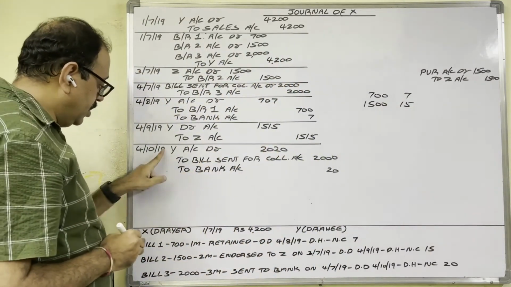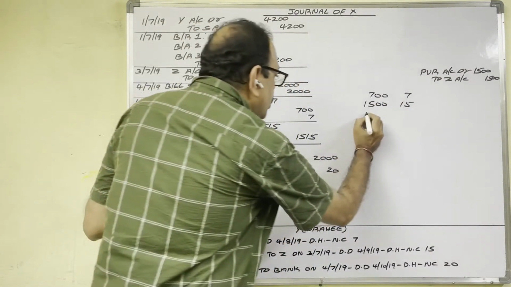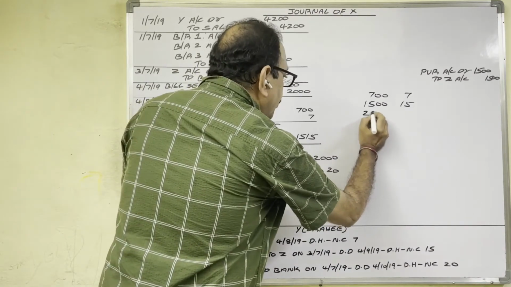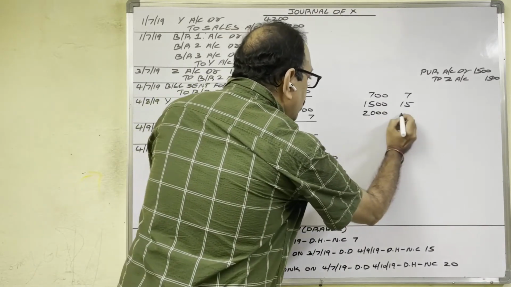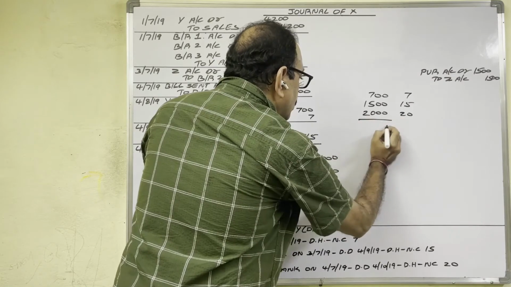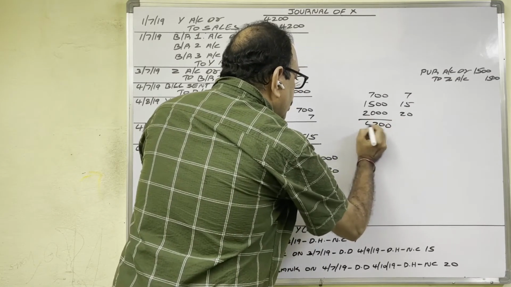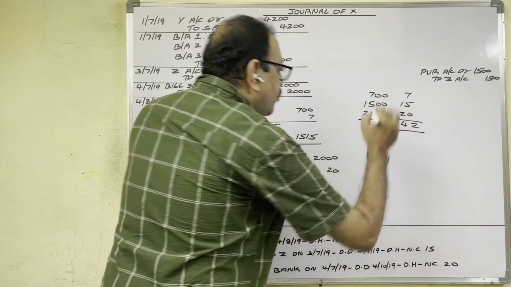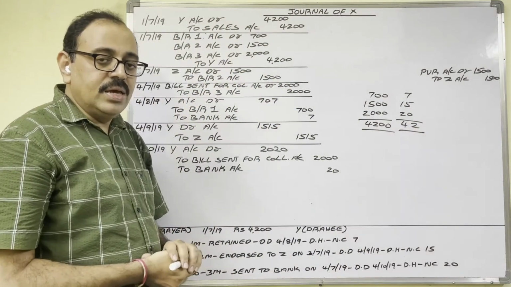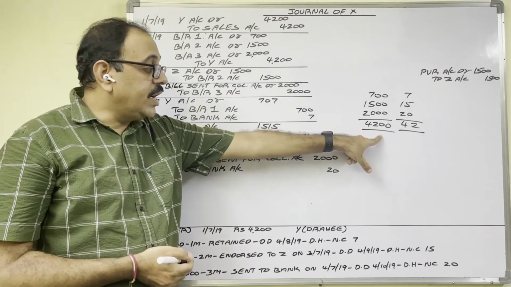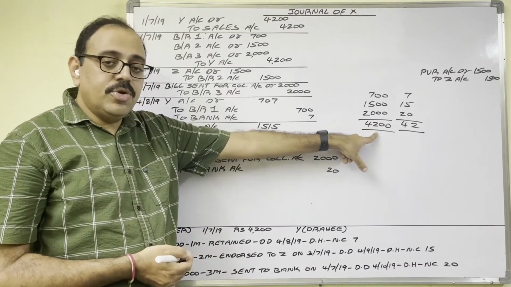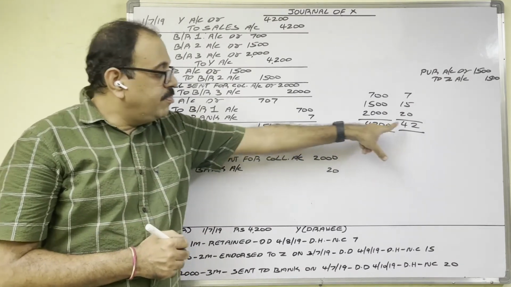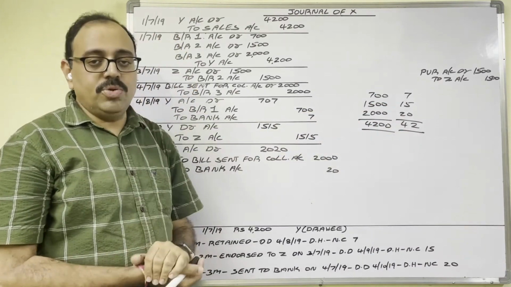In third entry, we debited Y account with 2000 rupees bill amount plus 20 rupees noting charges. Total 4200. Noting charges total 42 rupees. Finally, again Y is becoming a debtor for 4200 rupees bill value plus noting charges amount 42 rupees.